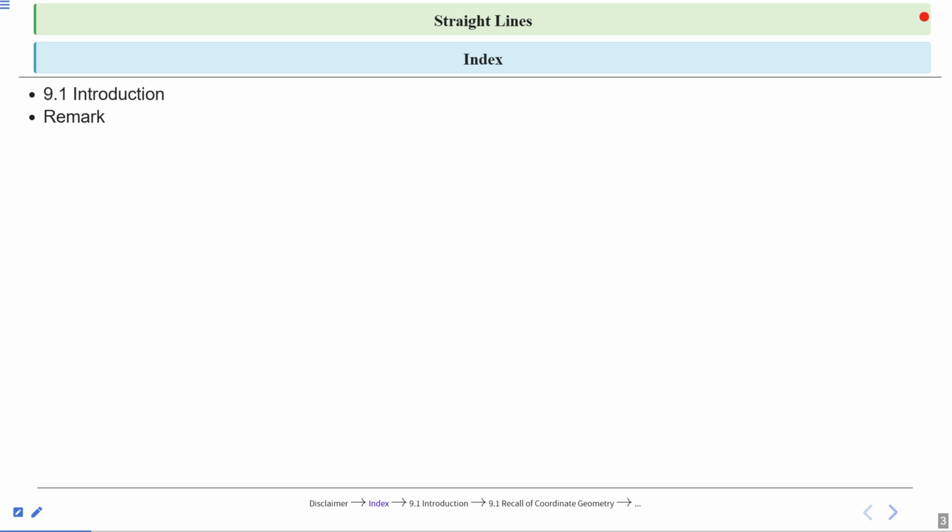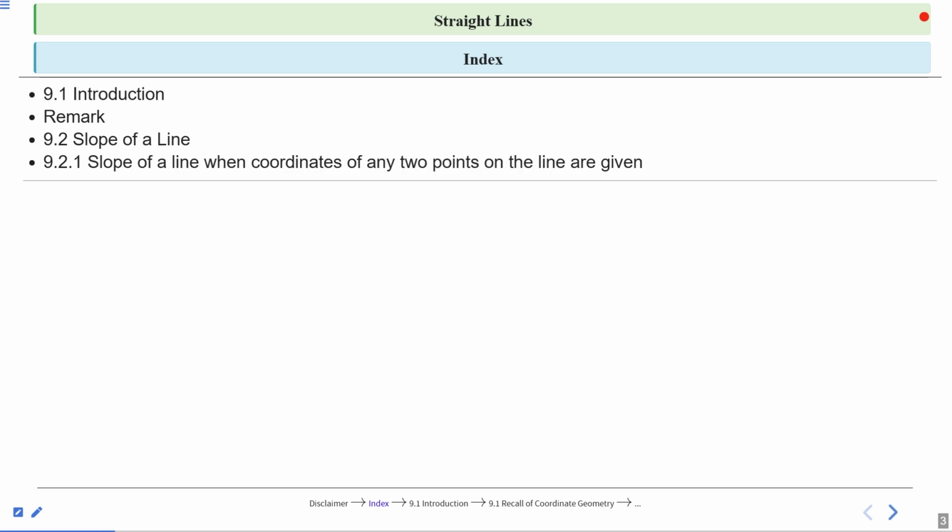Then we will discuss one important remark, and then 9.2 Slope of a Line. Lastly, we will discuss 9.2.1 Slope of a Line when coordinates of any two points on the line are given.